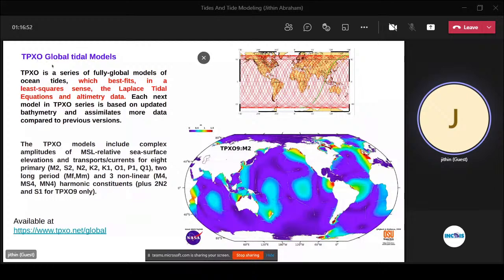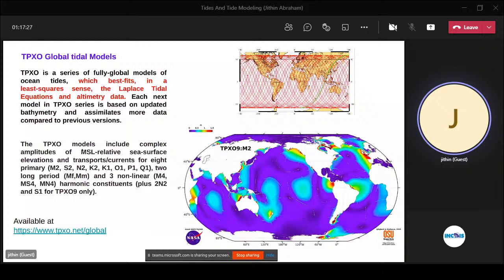So these are the TPXO global tidal models. It's a series of fully global tidal models, which best fit in a least squares sense the Laplace tidal equation and altimetry data. Each next model in the TPXO series is based on updated bathymetry and assimilates more data compared to the previous versions. This is the global map of M2 tides from the TPXO model.